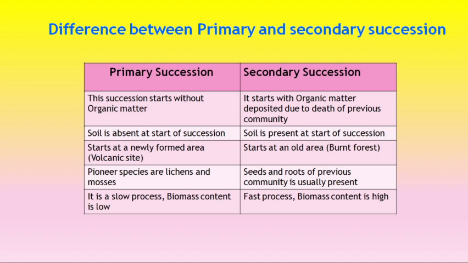So, the pioneer community would usually be the seeds and the roots of the previous species of plants. Primary succession is a slow process, whereas secondary succession is a fast process, as the biomass content is quite high in such areas.